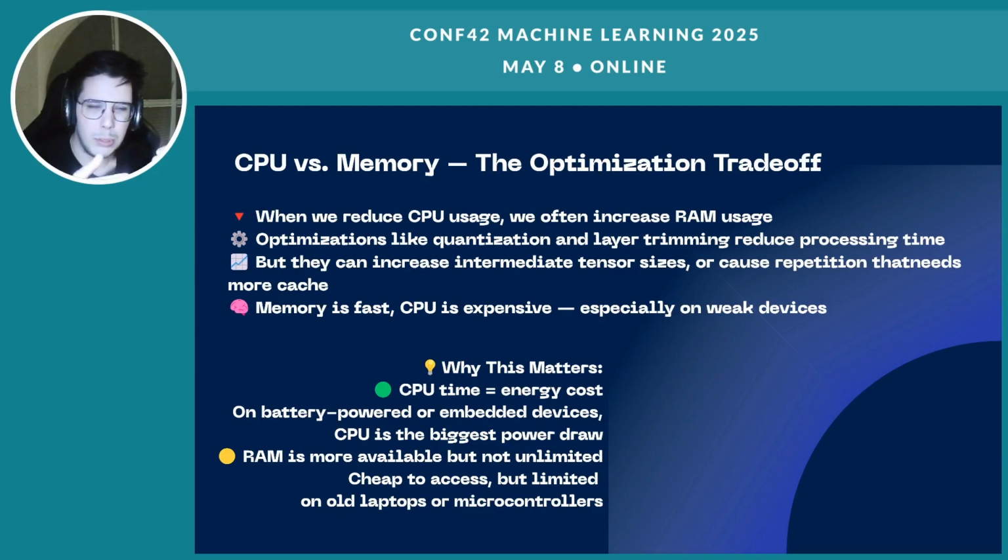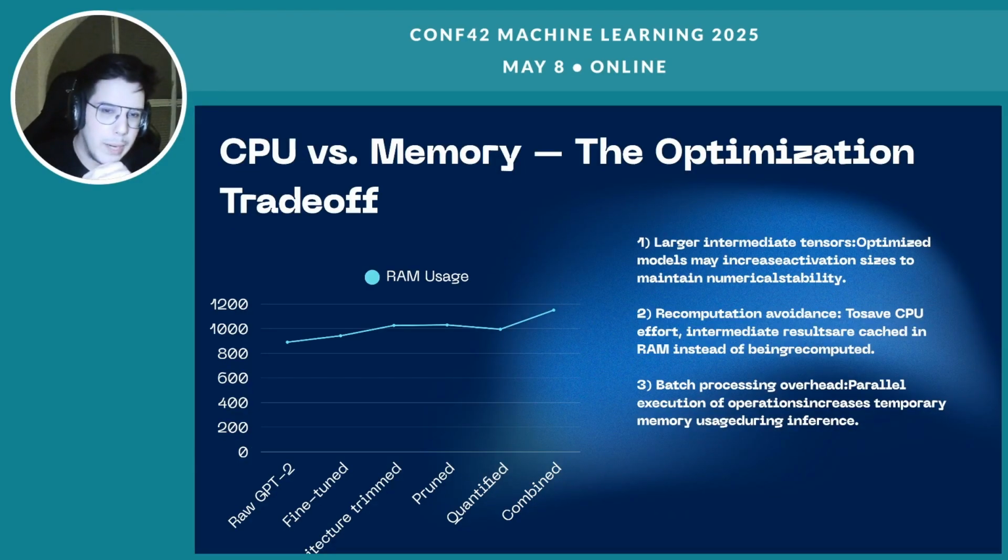CPU time equals the energy cost on battery-powered and embedded devices, and most of the time CPU is the biggest power draw, while RAM is something that we can neglect, and it's generally more available, but not unlimited. So we consider it cheap to access, but a little bit limited on old laptops and microcontrollers, which in our use case is not that problematic, as we leaned more towards providing the proper experience with CPU in order to make sure that it can work on embedded devices.